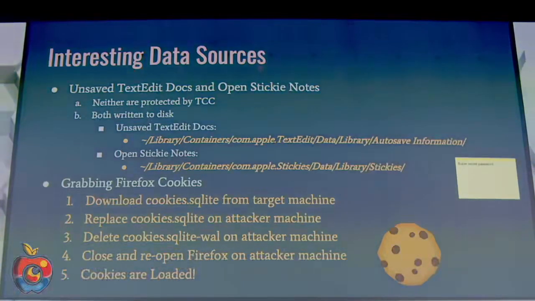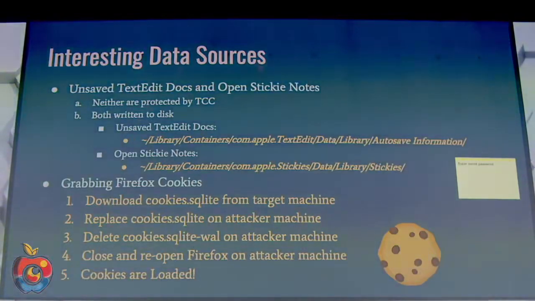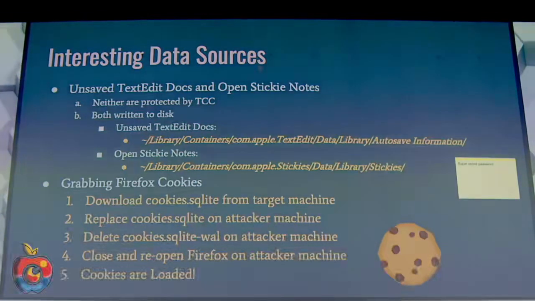It's not protected by TCC, so you can just browse to that directory and dump it out and look at the contents. Same with Stickies. I've never really used Stickies, but I think it's kind of cool. You can have sticky notes on your computer where you have little notes, like a virtual version of sticky notes. Same thing there. If you have one open and you're typing in it, you can just grab the contents of that because it's also an RTF file and it's not protected by TCC.